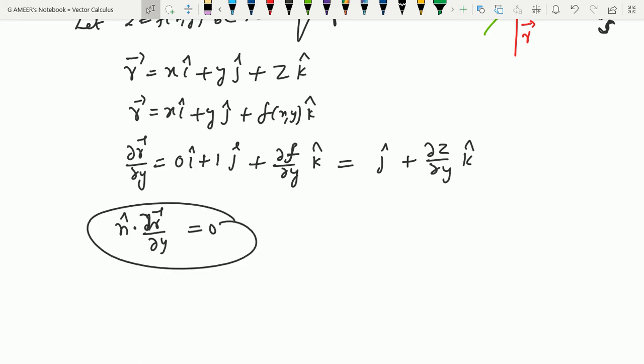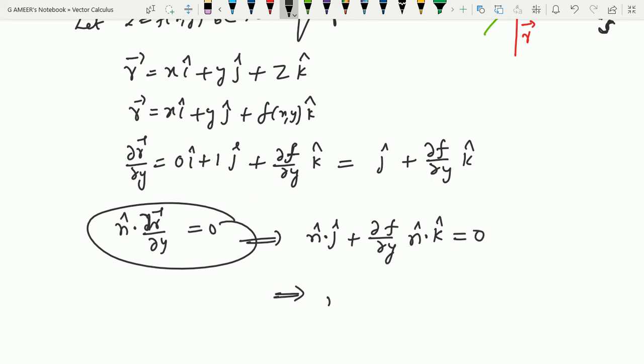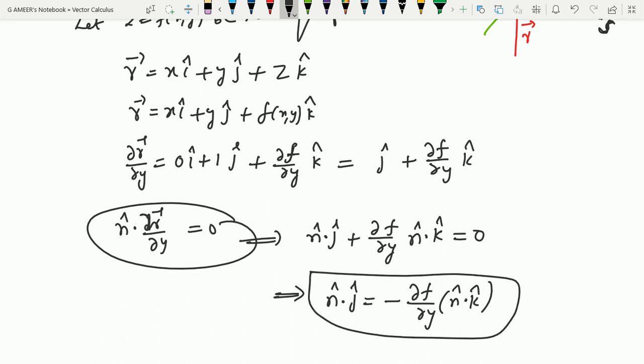So n dot j plus dou z by dou y, that is dou f by dou y, n dot k cap will be equal to 0. That implies n dot j cap will be equal to minus dou f by dou y into n dot k cap. So that's what I have written here, n dot j in terms of n dot k.